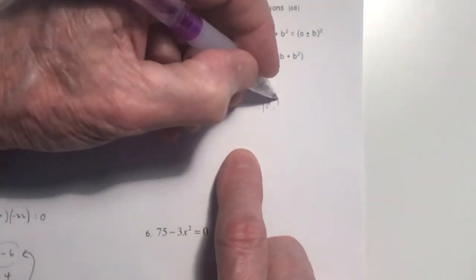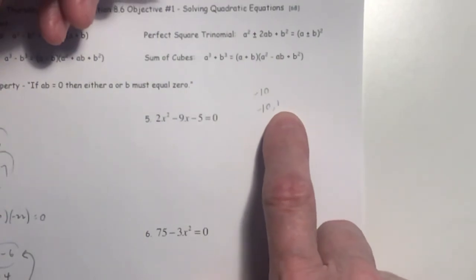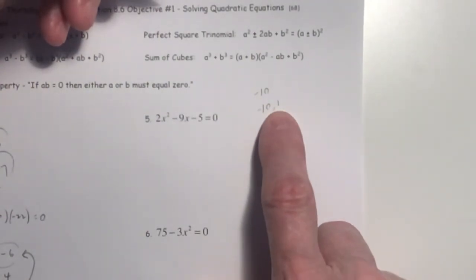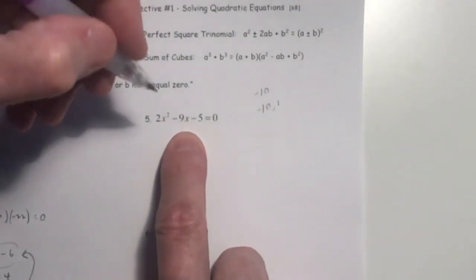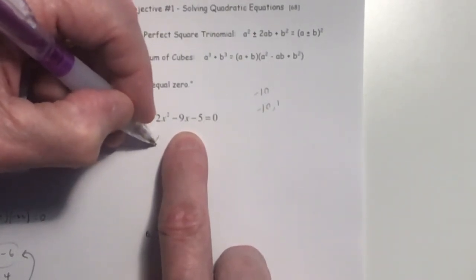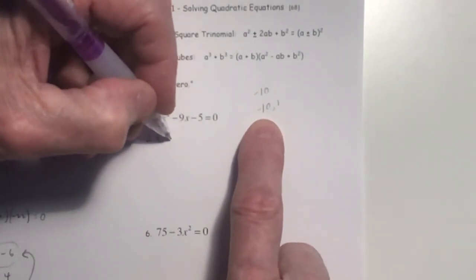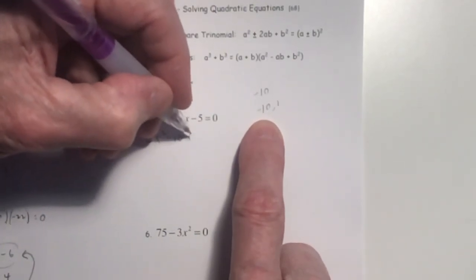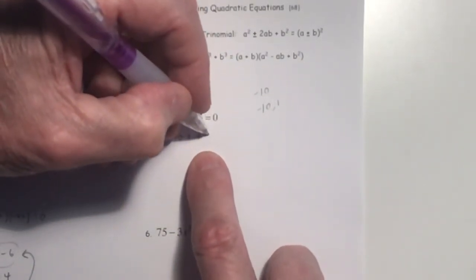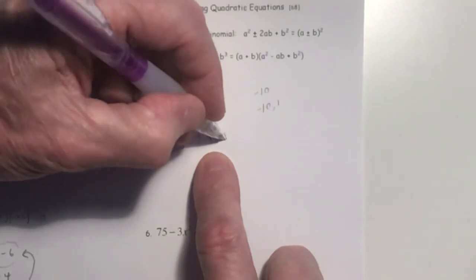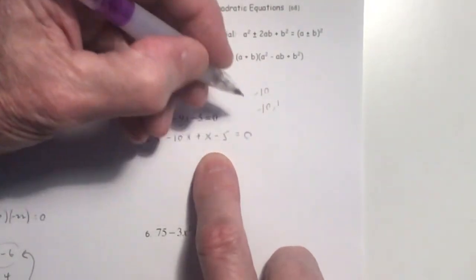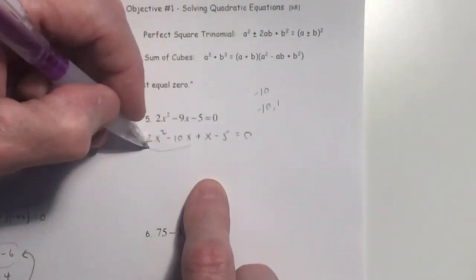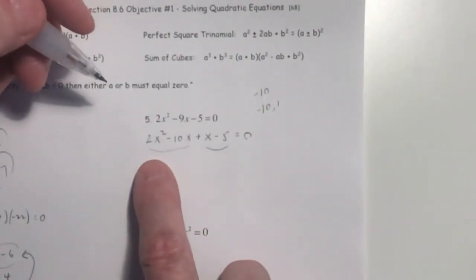How about negative 10 and positive 1? Multiply those, you get negative 10. Add them, you get negative 9. So I'm going to replace that middle term with minus 10x plus 1x. And I'll just write plus x. I don't need the 1. Still equals 0. And we're doing the grouping thing that we've learned.